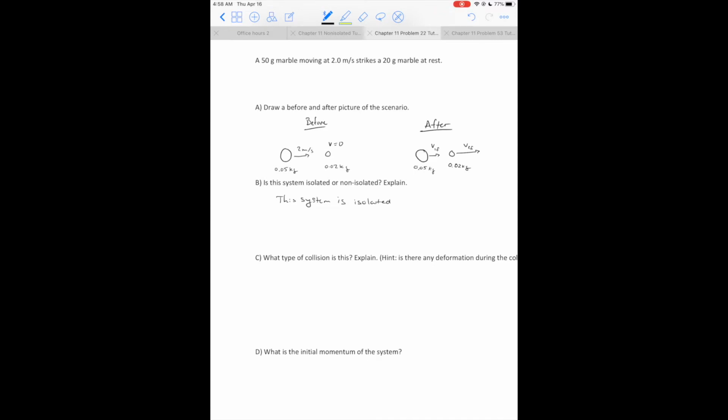So when we say a system is isolated, we're not interacting with a complex external system. There's no ceilings, walls, floors, something like that. Those are hallmarks of a non-isolated system. All right, so the system is isolated, no ceiling, floor, wall interactions.